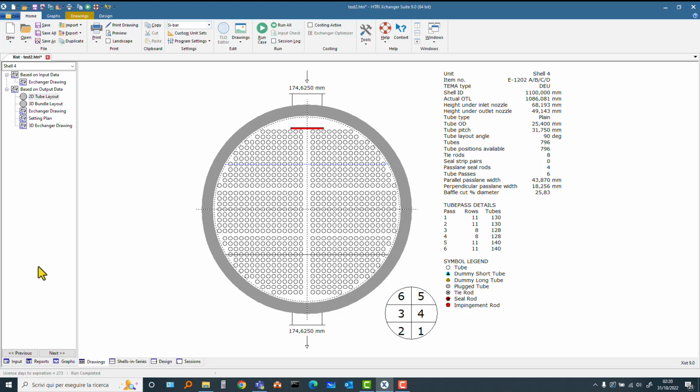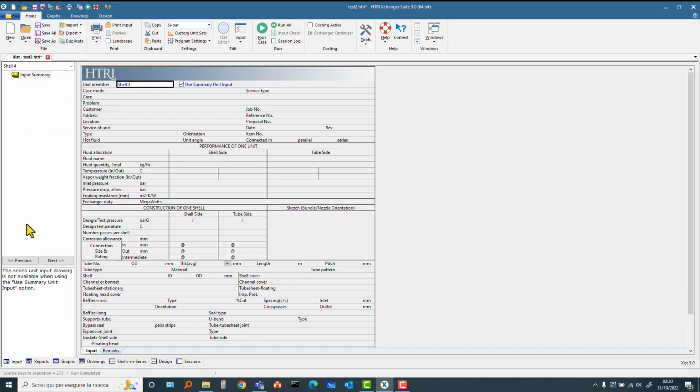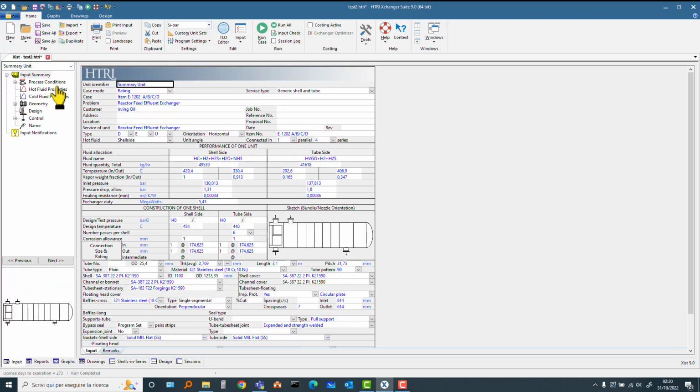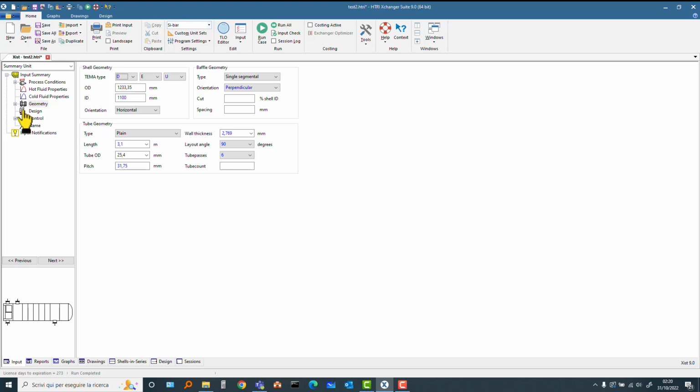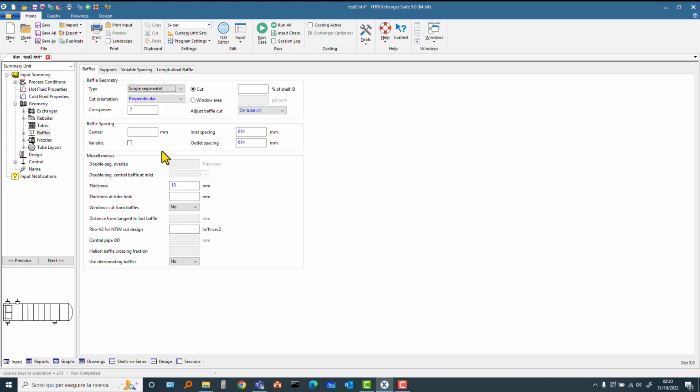How can we do it? Well, it's not very difficult. Let's come back to the input, and we take the summary unit, and from the geometry of the baffles, we say that instead of cut orientation perpendicular, we say the cut orientation parallel.